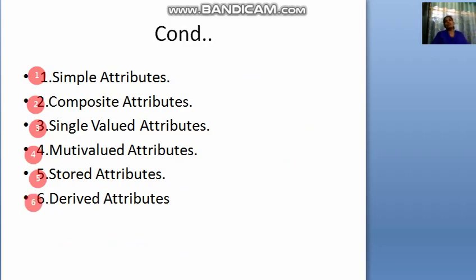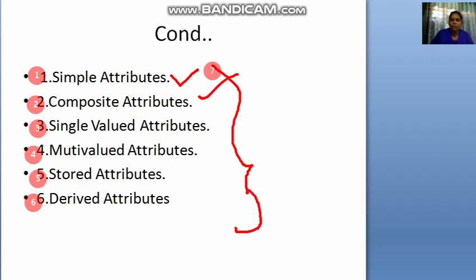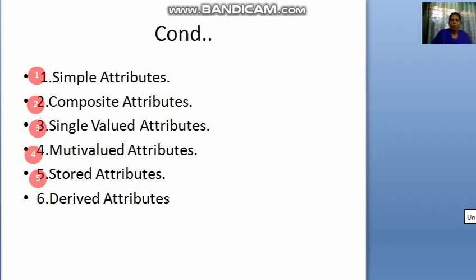Now the attributes are of these types: simple attributes, composite attributes, single valued attributes, multi-valued attributes, stored attributes, and derived attributes.